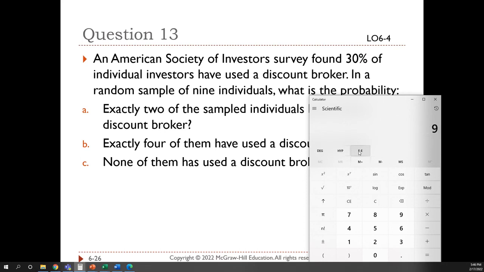We have 9 factorial. It's going to get divided by 9 minus 4 factorial, multiplied by how many we're looking for? 4 factorial.